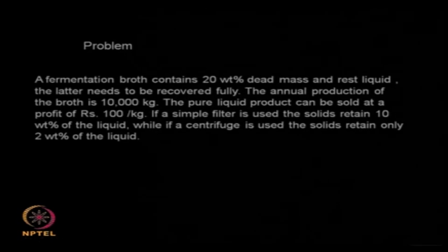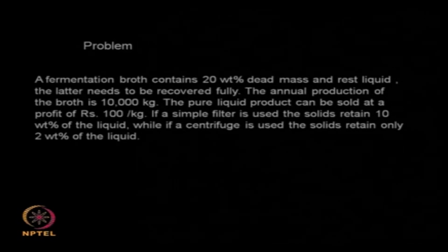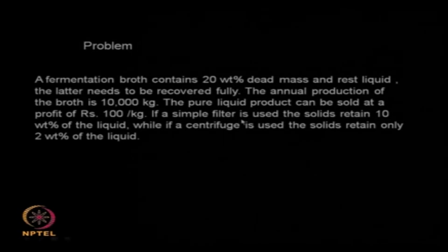So I need to put a filter or some separating unit to remove all the solid, collect as much liquid as possible and sell. Okay, so if I use a filter, I can remove the solid and the liquid, but what happens is I will lose 10% of the liquid, because you know with a filter the solids are always a little bit wet, so some liquid gets retained.